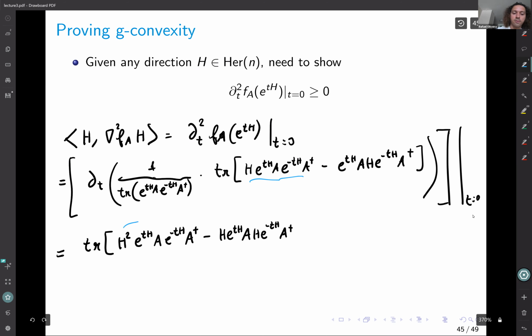So this derivative in blue corresponds to this derivative here.